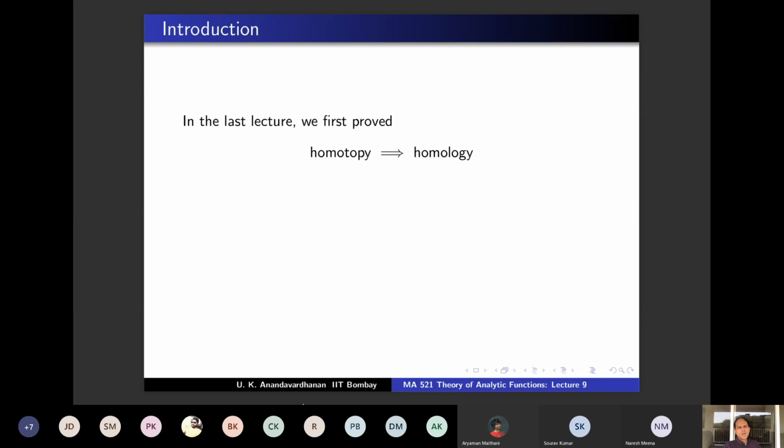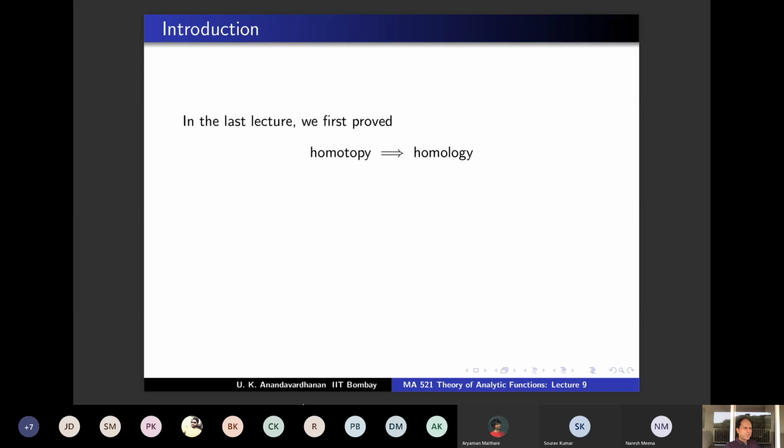The choice of n comes from the uniform continuity of the function H, and we had carefully chosen it: there will be an epsilon naturally coming, and depending on that you choose an n, and then you divide into n parts, and from one part to the other you can transfer the information on indices, and finally you can transfer all the way, and this was basically the proof of homotopy implies homology.